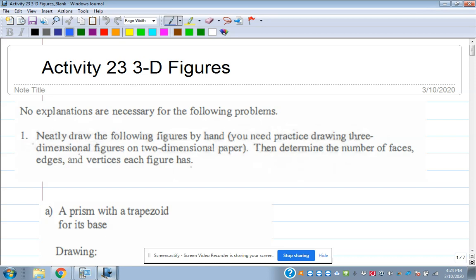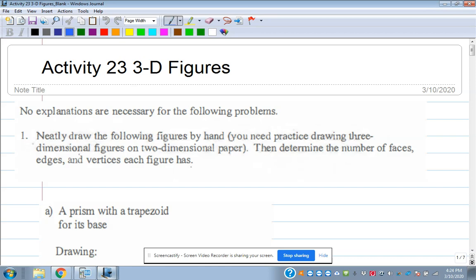So a trapezoidal prism. If you look at general prisms on your little handout here, there is one that is drawn there. Actually, it's on that page. The one on the right there is a trapezoidal prism. On your handout that I gave you, your reference sheet, the general prisms, the second one is a trapezoidal prism. That's what we're looking for.